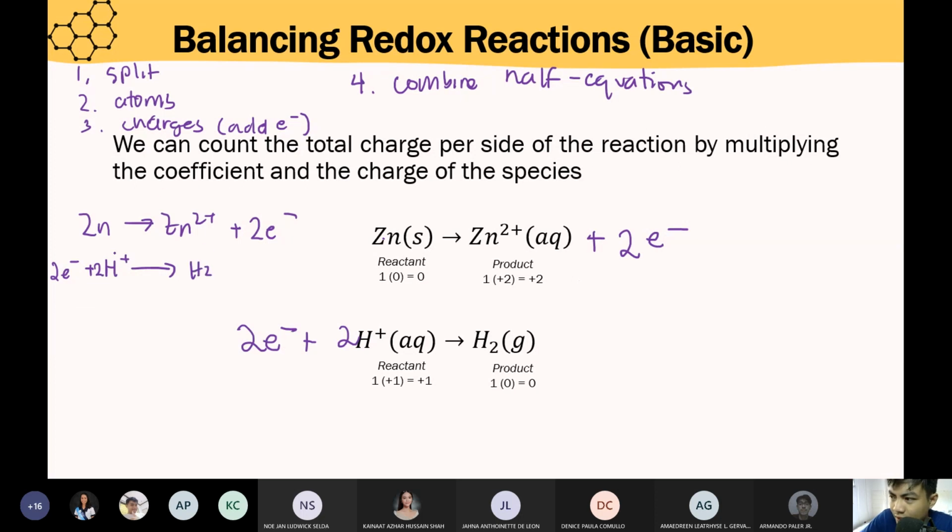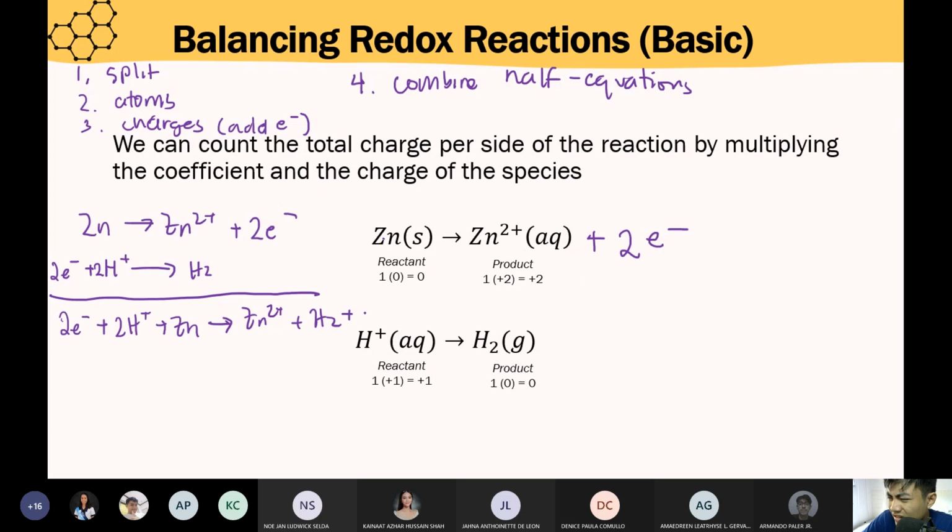Ang pagsamahin mo na sila. Okay? Ang pagsamahin, we have 2 electrons, 2H plus, zinc 2 plus, H2, 2 electrons. Okay? And just like what we did last time, spectator ion yung ating electron. So you can remove the spectator ion. Okay? So your final equation is this one.